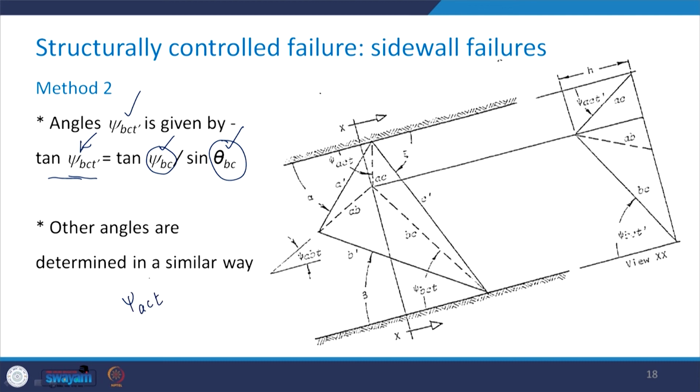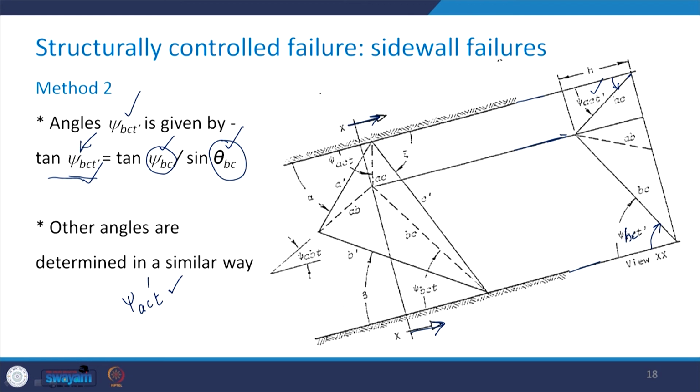Now once I know this and this, I can just take the projection of these points in the direction which is the XX direction and draw a line having an angle psi ACT prime in this manner here and psi BCT prime in this manner.